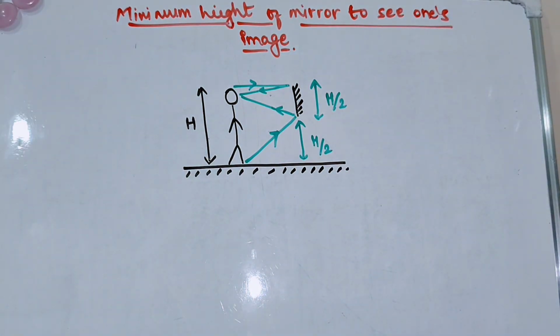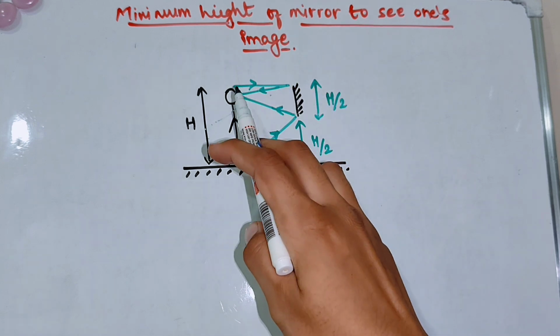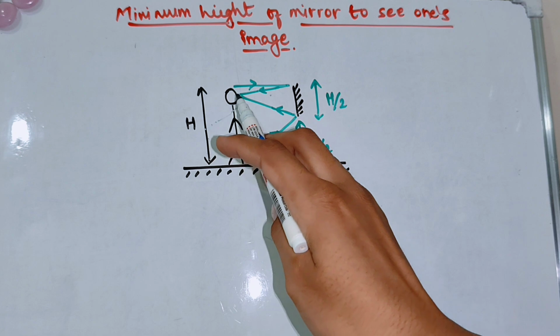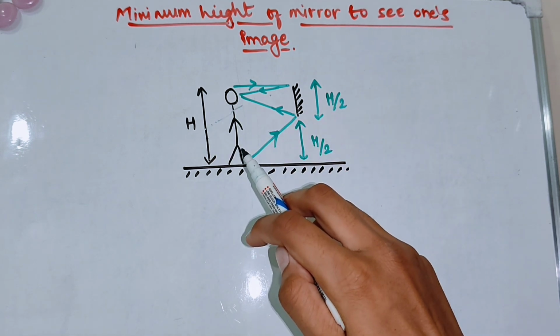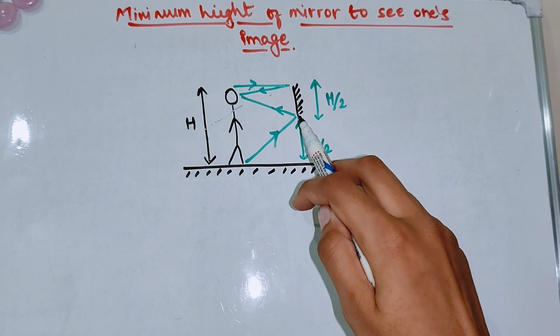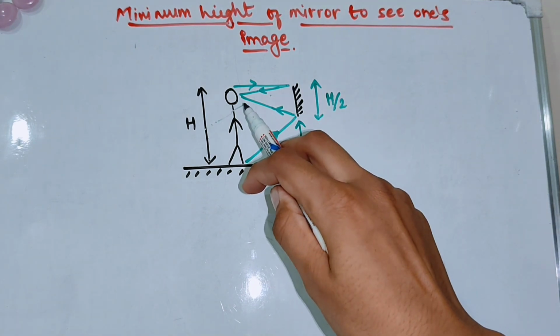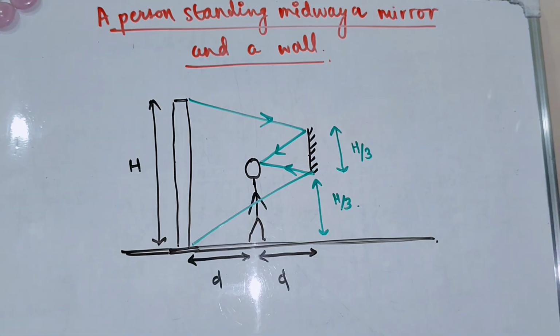As you can see, I have also shown the lines here that the incident light from your head will go to this extreme part of the mirror and will bounce back to your eyes, and the light of your foot will go to the extreme end of this mirror and will reflect into your eyes, and you will be able to see your whole image.